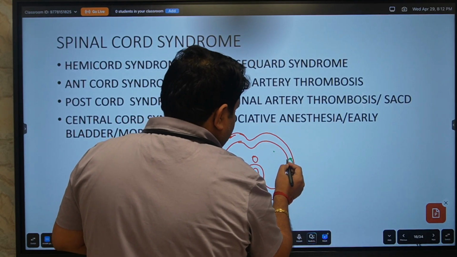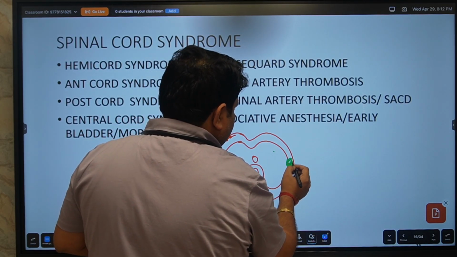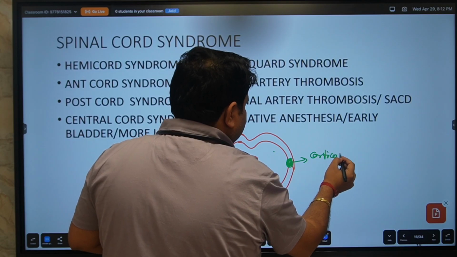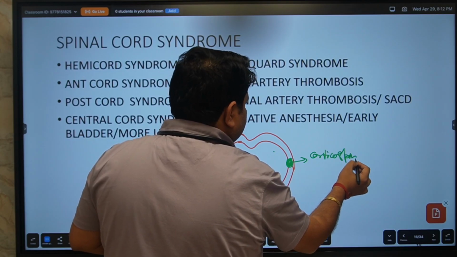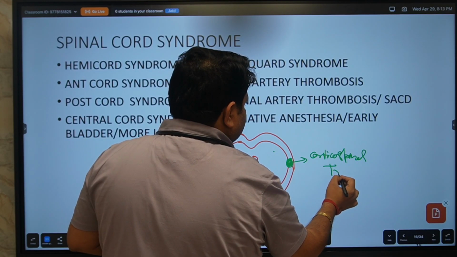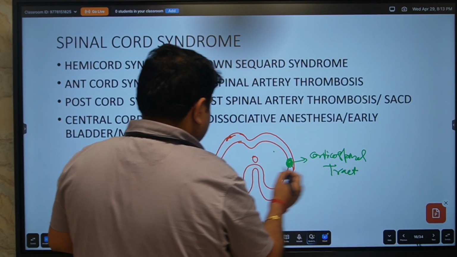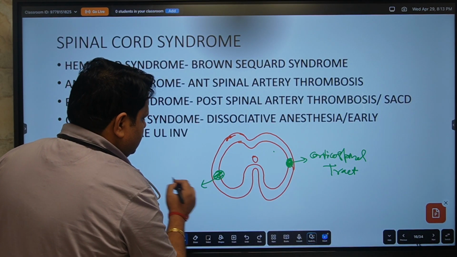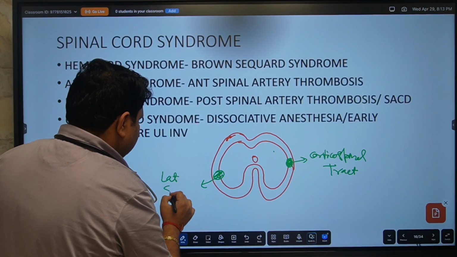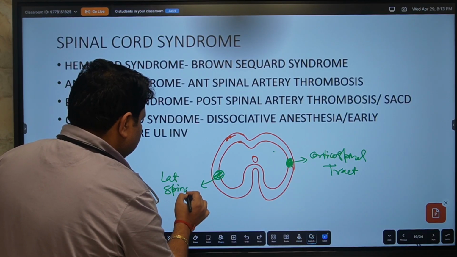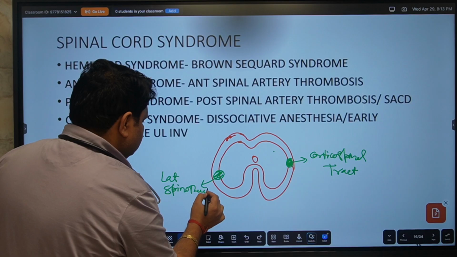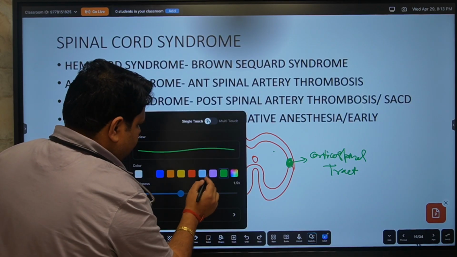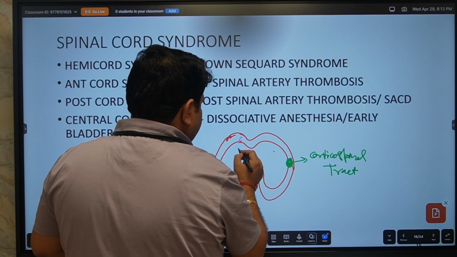So we have the corticospinal tract, we have the lateral spinothalamic tract, we have the posterior column.